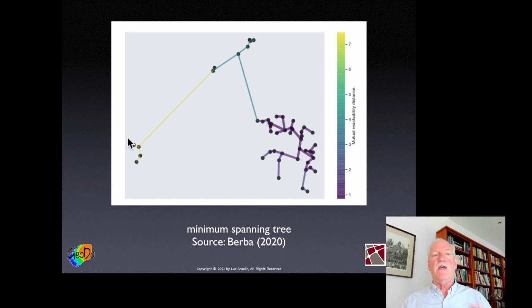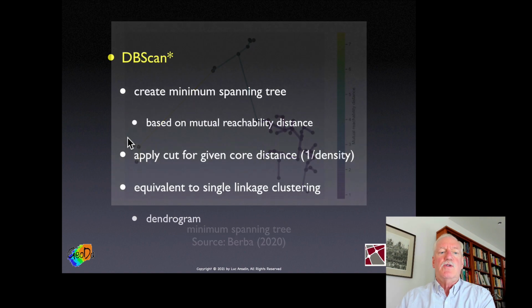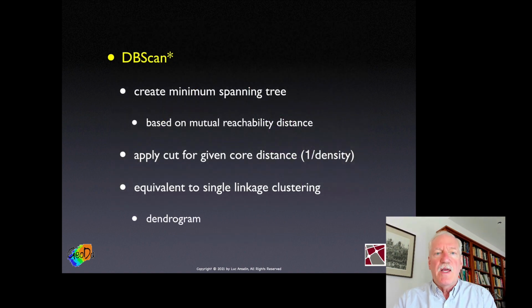Now, as it turns out, and we'll discuss this again in more detail when we talk about clustering, the structure represented by a minimum spanning tree and the cuts in a minimum spanning tree is equivalent to a single linkage hierarchical clustering dendrogram. So a dendrogram is a representation of how the elements are grouped together as we look at the distance that separates them.